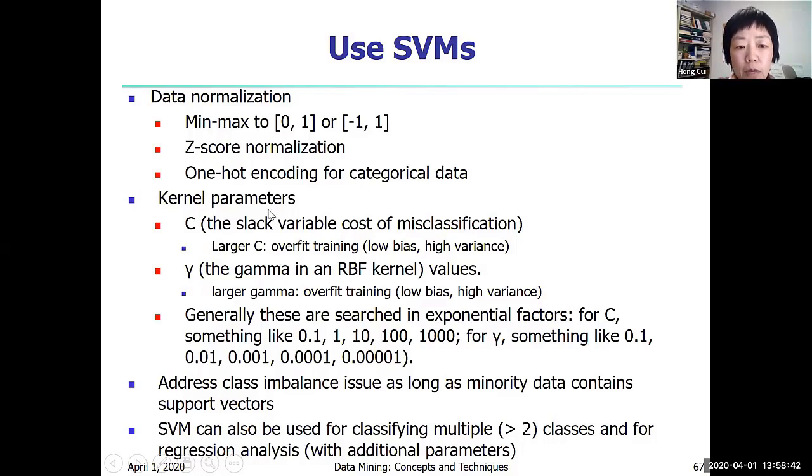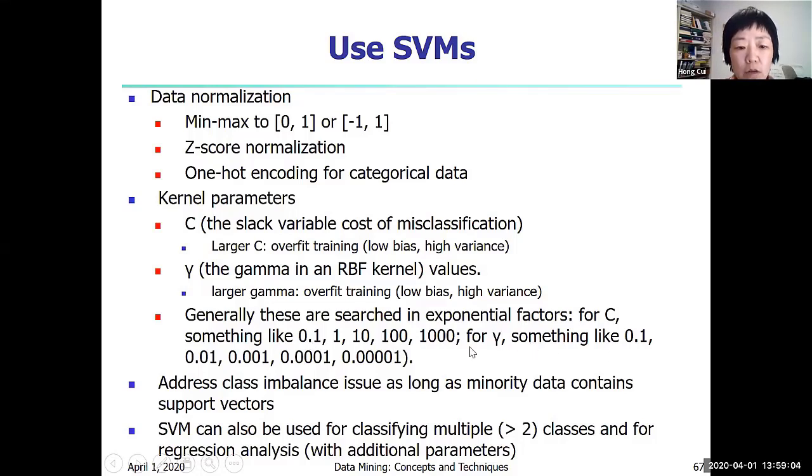So for the kernel parameters, we looked at the C and we looked at the gamma, and we noted the effect of setting large and small C and gammas. Generally, those are searched in exponential factors. For C, you can try out those numbers.